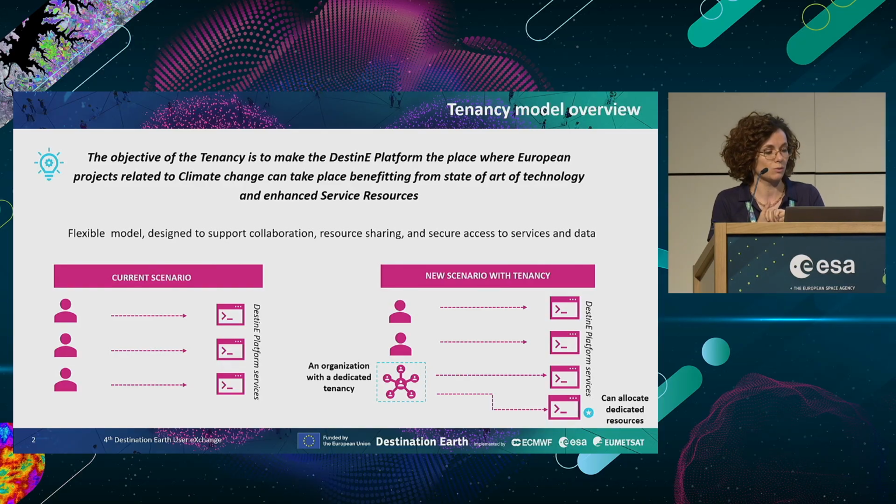Why do we do this? We want the platform to be the place where projects related to climate change can take place and work together with the resources they need, benefiting from all the technology, the data sets, and the service capability that are already developed.